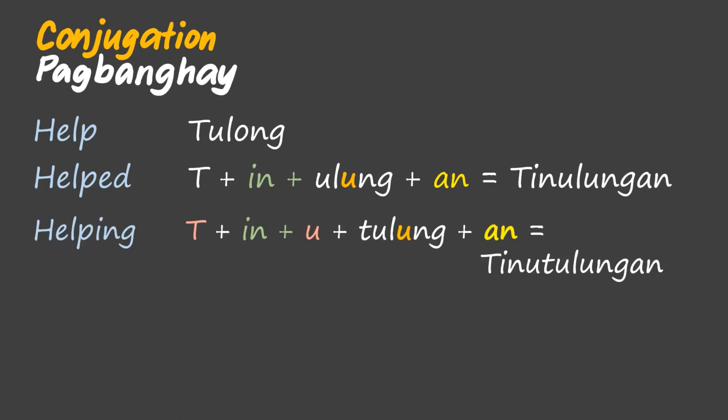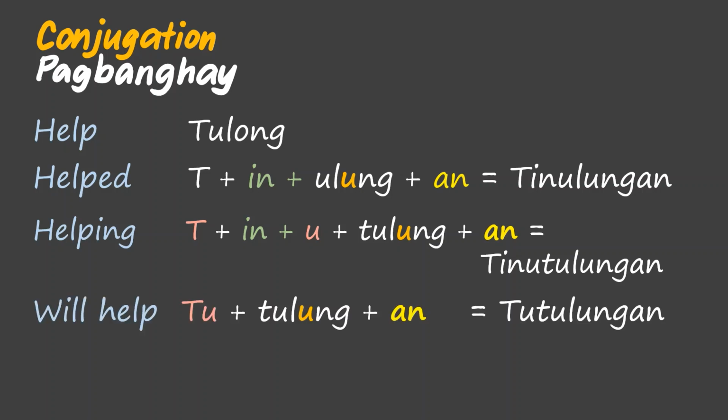To form the present tense, helping, again, we insert an in between the first two letters of the first syllable, plus the root word itself, tulong. However, we switch the letter O to U, plus the suffix an, tinutulungan.